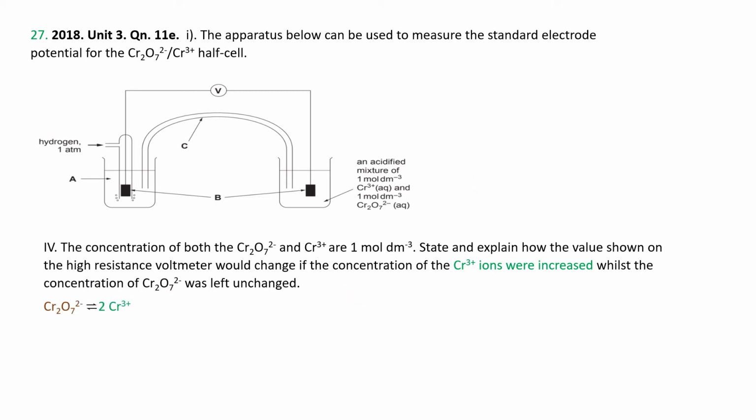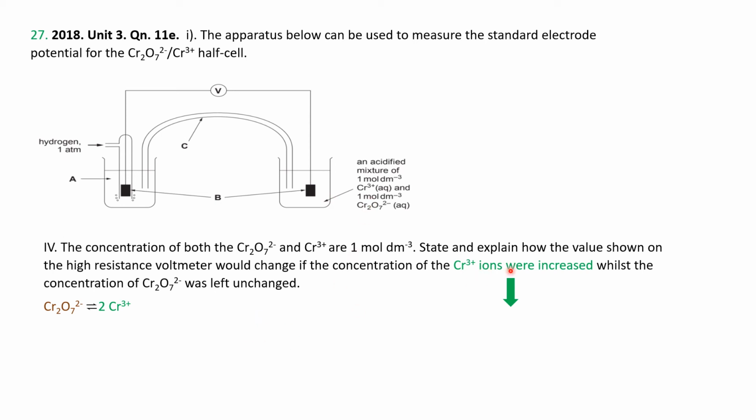Well, the reaction that's going on there is Cr2O7 2- being reduced to Cr3+. I'm not sure how you're supposed to know that other than knowing that dichromate is a really good oxidizing agent because it really wants to be reduced, which means it's got a positive reduction potential. So this is the reaction that is going on in this cell here.